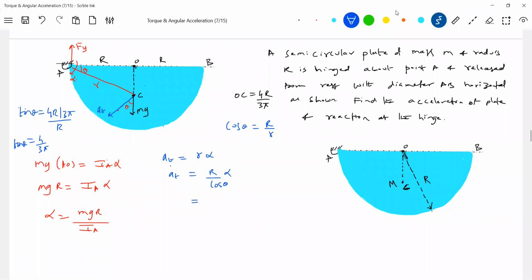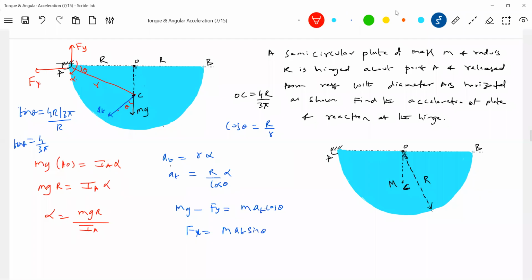Okay, what about the reaction forces at the hinge? How to calculate them? You know how to write the components of this. mg minus Fy should be equal to m a_t cos theta. Then along the x-axis, the reaction force Fx should be equal to m a_t sin theta. There will also be a reaction force along the x-axis.